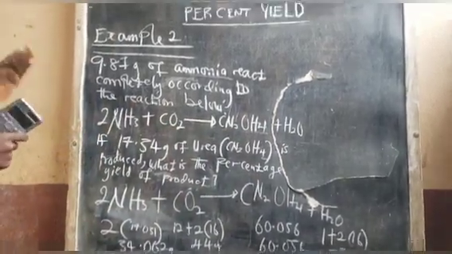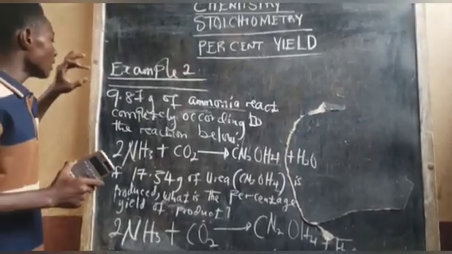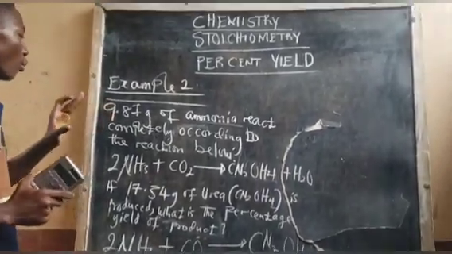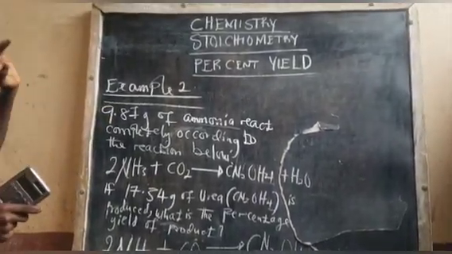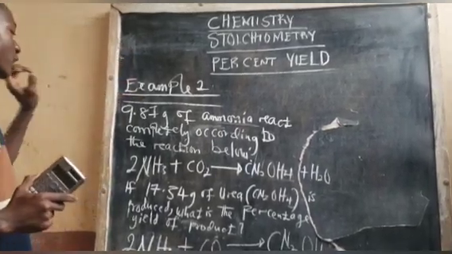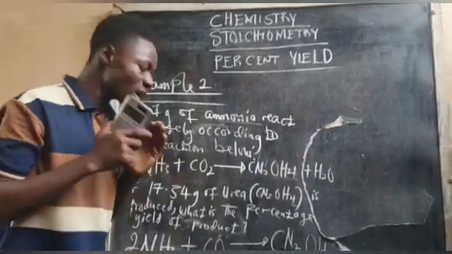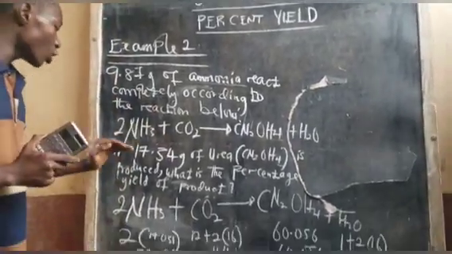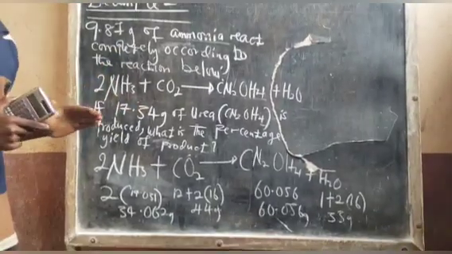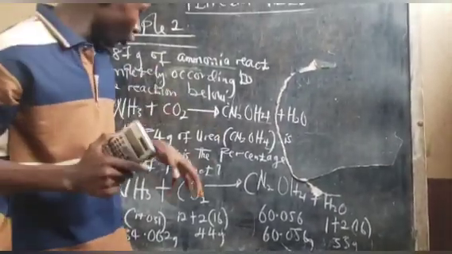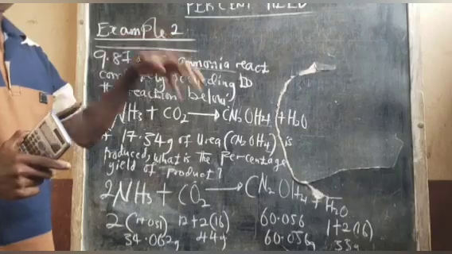Next, we are given 9.87 gram of ammonia reacting completely according to the reaction below. So we are given the mass of ammonia and also the mass of urea. It means we are going to focus on ammonia and urea.